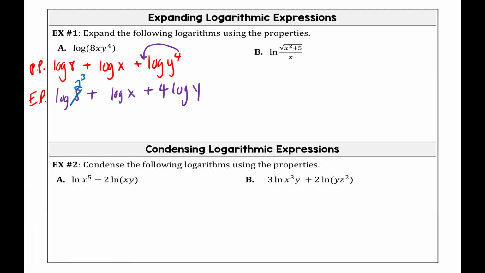Because 8 can be replaced with 2 to the 3rd power, I can now apply the exponent property here. So my final answer would be 3 log 2 plus log x plus 4 log y. And that would be the fully expanded form.